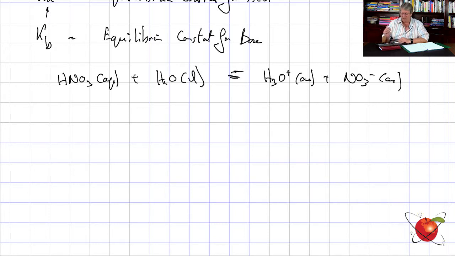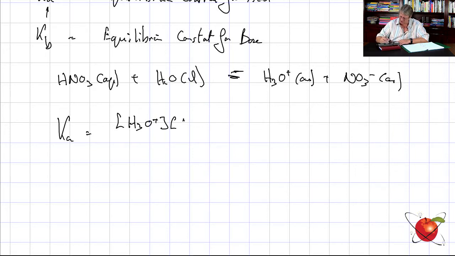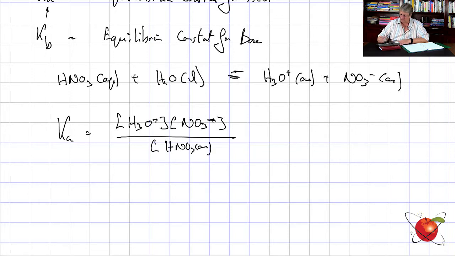Therefore, since it's an acid, Ka is the concentration of H3O plus times NO3 minus over the concentration of HNO3, all aqueous. I've left water out because we use a 1 for the water there.